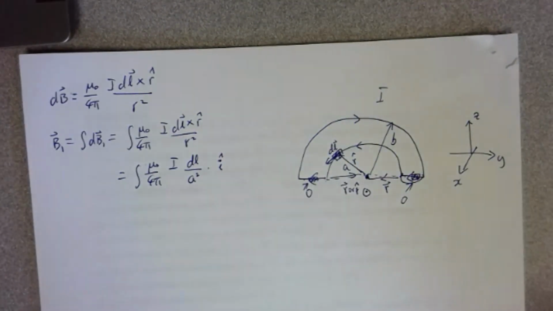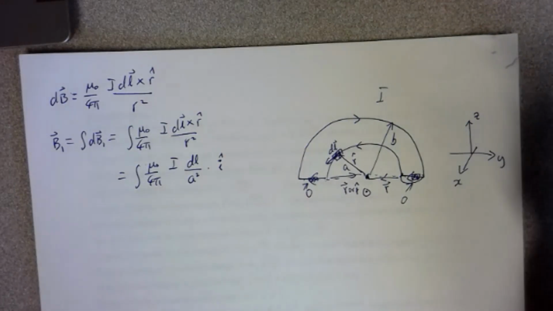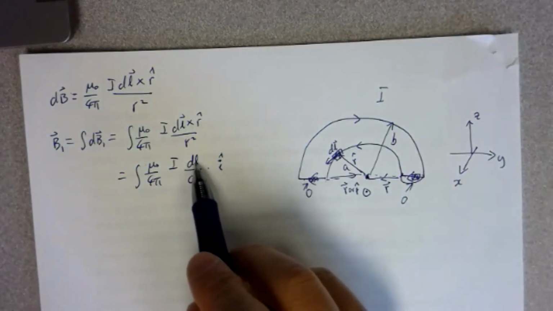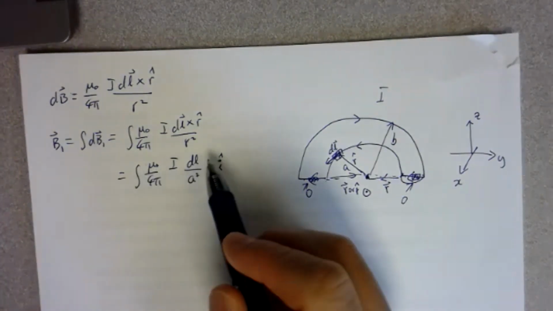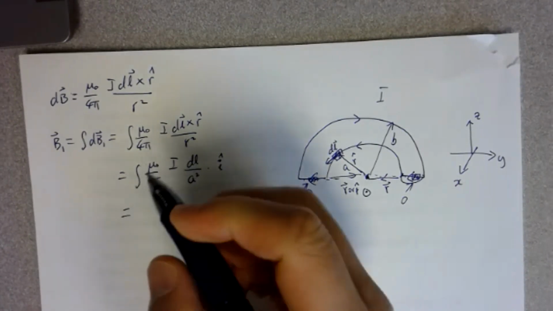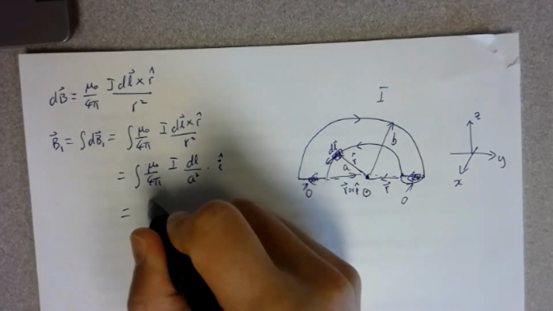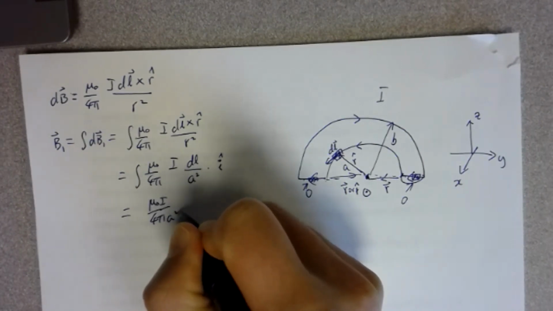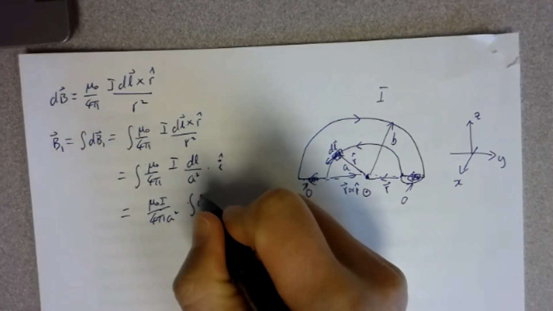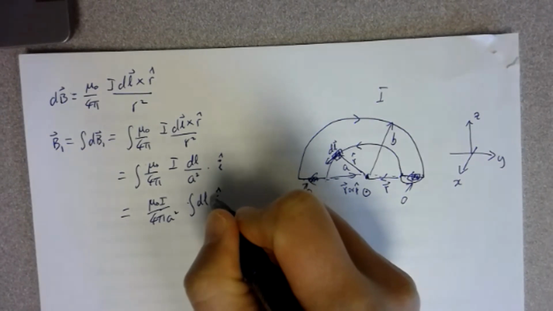The variable is the L, dl. I is not dependent on that, and everything else is not dependent on that. So this would be mu naught I over 4 pi a squared, and then just the integration of dl in the I direction.